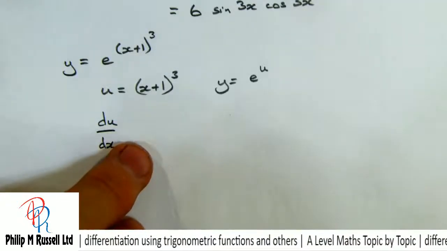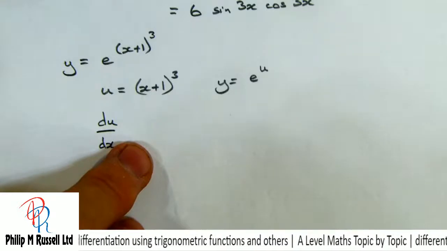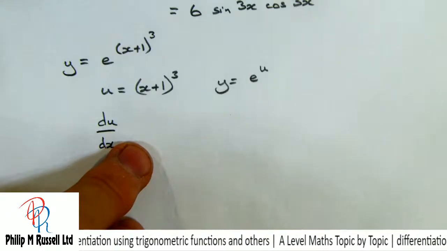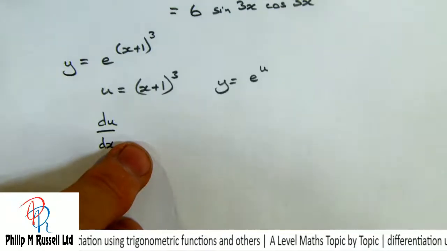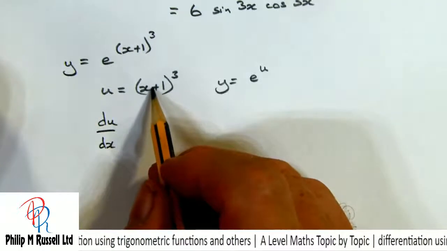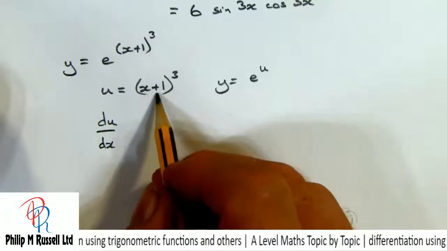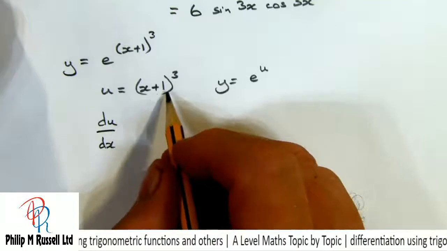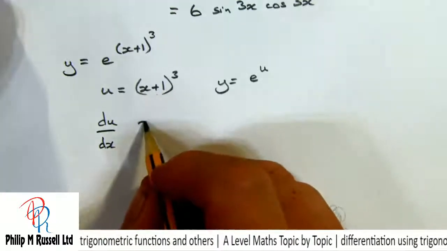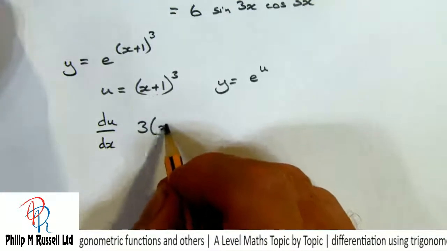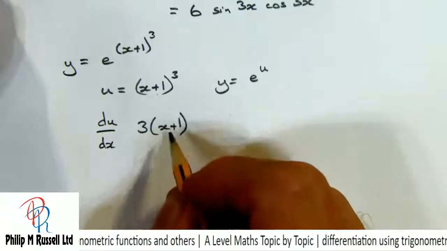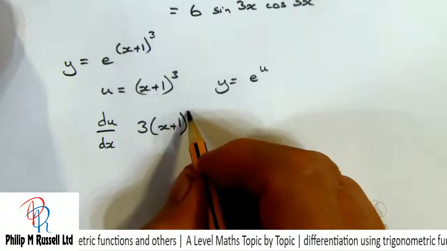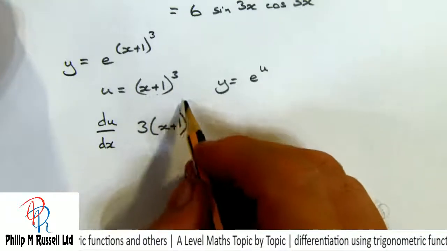Let's try and work out what this one's going to be. If you think about it, that is going to be simply 3 times x to the 1, and then we're going to have to try and do something with this.